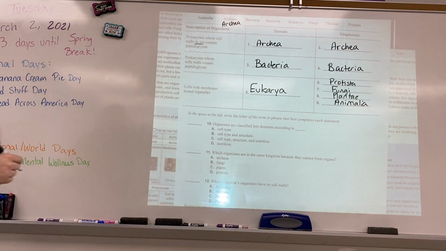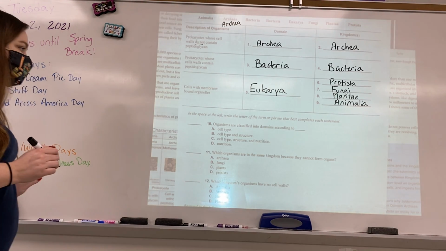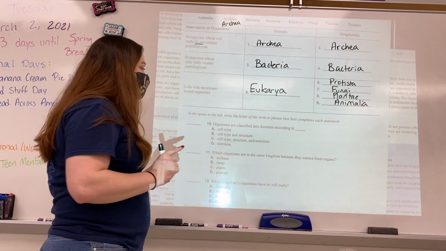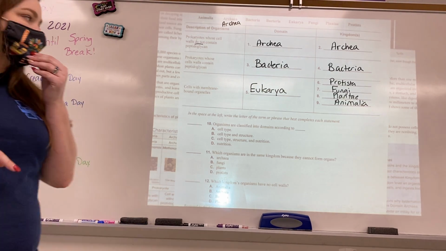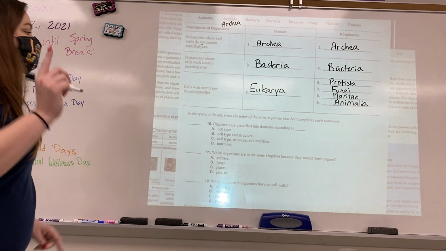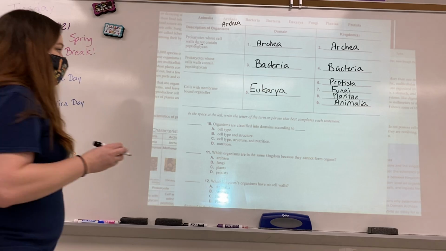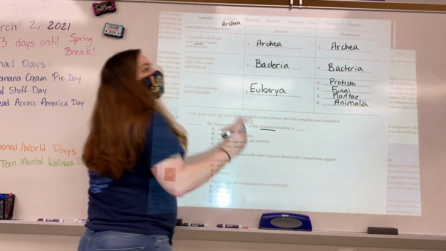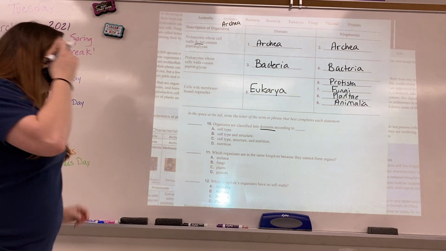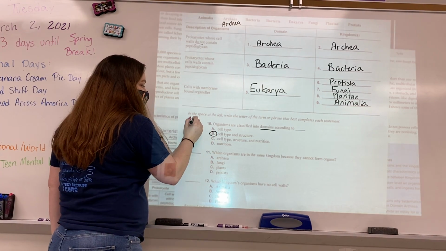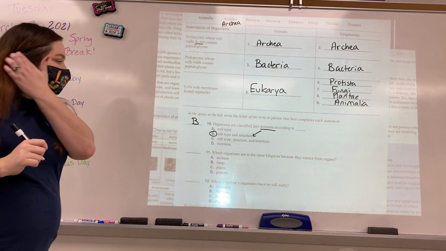All right. Number 10, 11, and 12. Number 10: organisms are classified into domains according to cell type and structure, cell type, structure, and nutrition, or just nutrition. Domains are your biggest, most general, broad level, so you're only looking at cell type and structure.